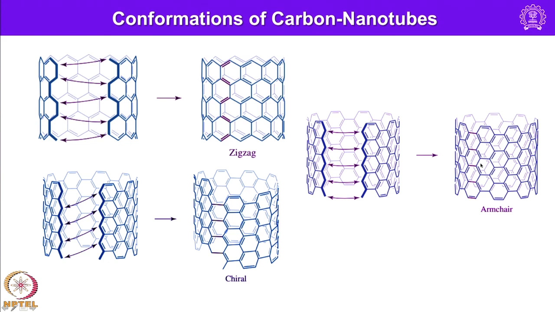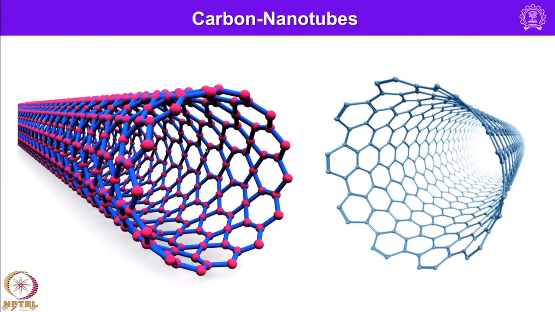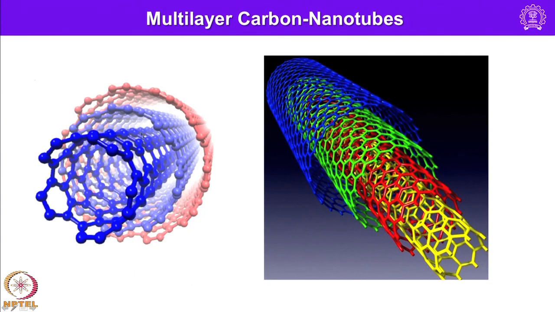So, there are several ways in which the clipping of the edges can be performed. This is how a typical carbon nanotube looks. And if I take a smaller nanotube and put it inside, you can see this one. One can play around. These are called multi-layer carbon nanotubes.